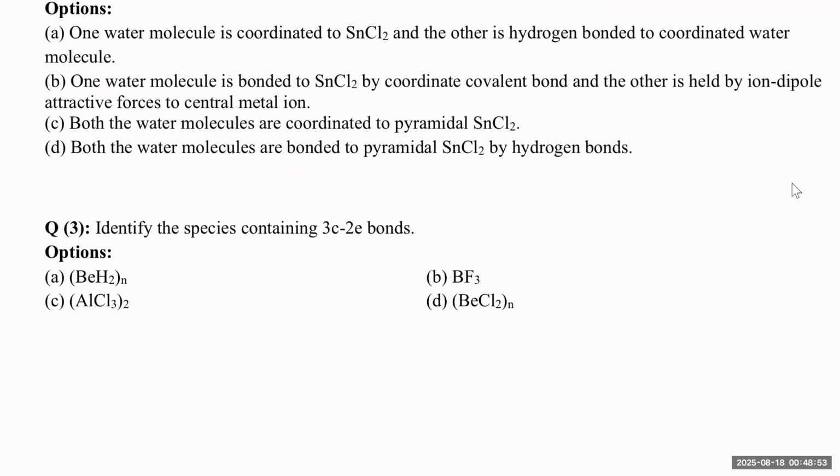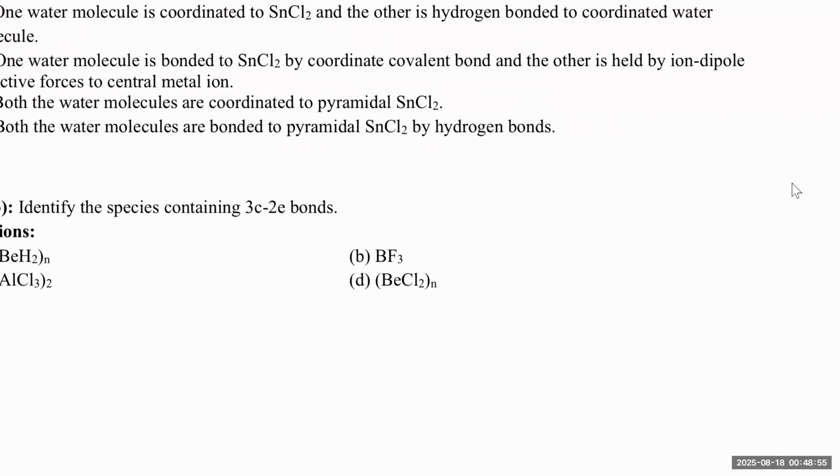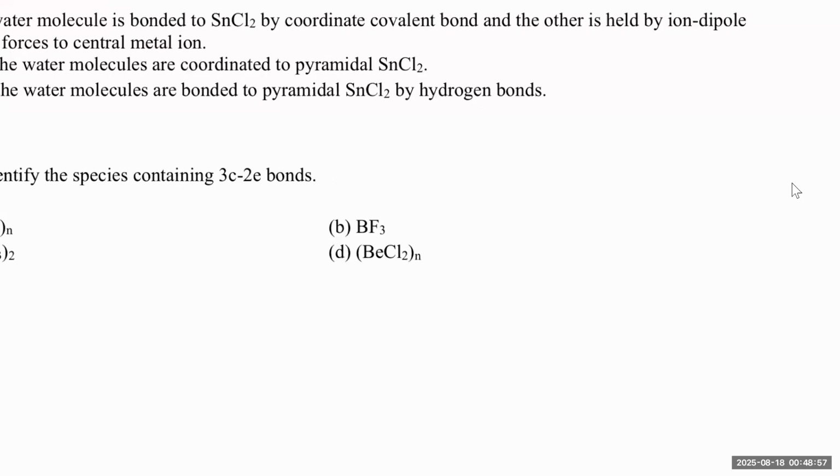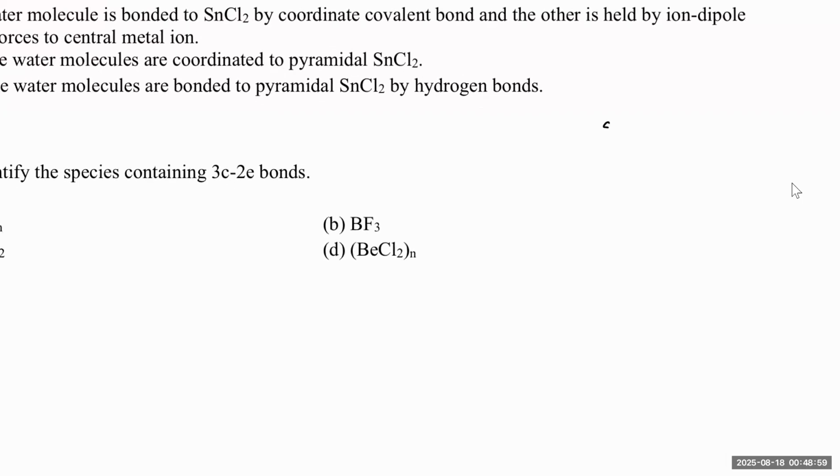Now again, this is a very factual thing, but it has been asked in JEE before, so please learn this. SnCl2, if you notice by structure, basically it will have one lone pair here, chlorine here, chlorine here, and one water molecule here. This is how it makes an sp3 hybridized pyramidal structure.